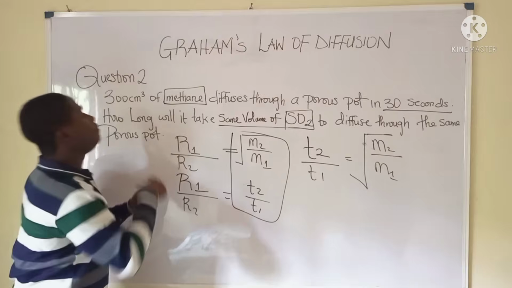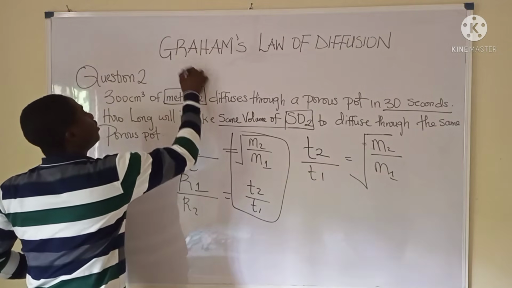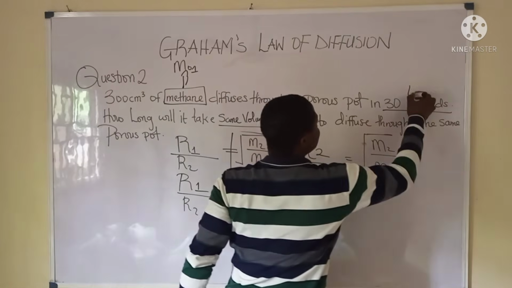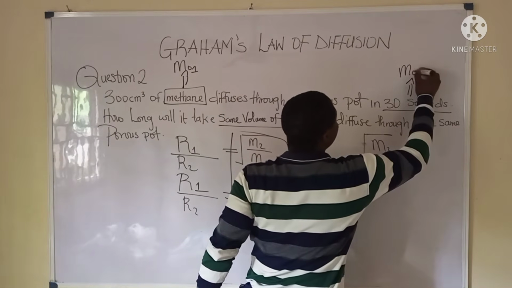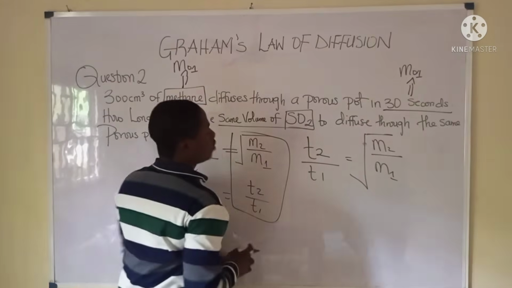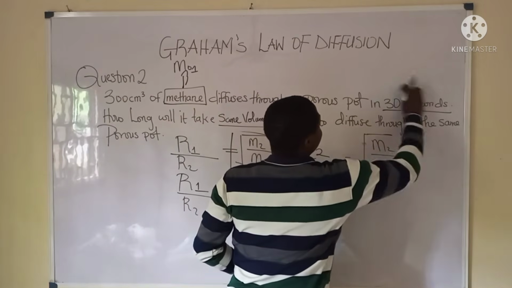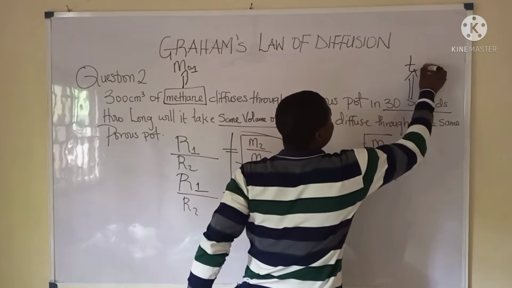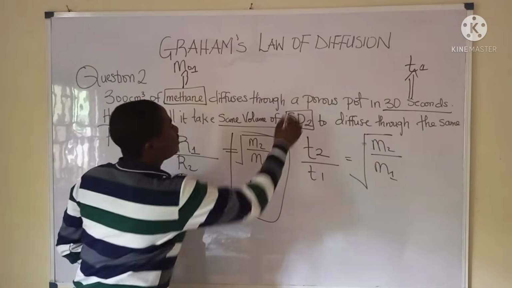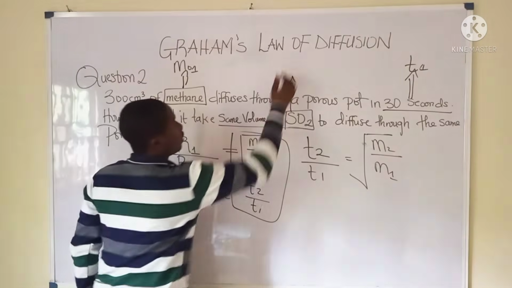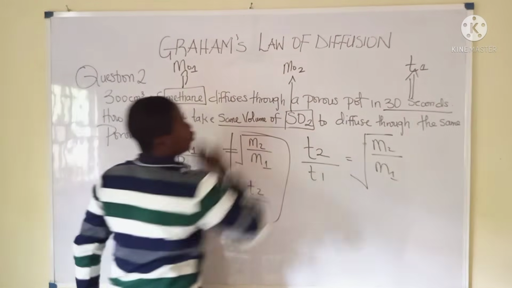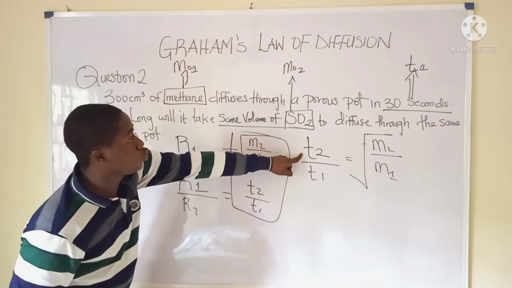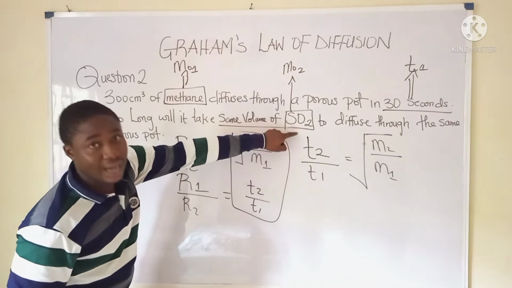So basically, methane we carry the molar mass 1, and also this is for the time 1. And the SO2 we carry the molar mass 2. Now, we are to determine the time 2 for the SO2 gas.